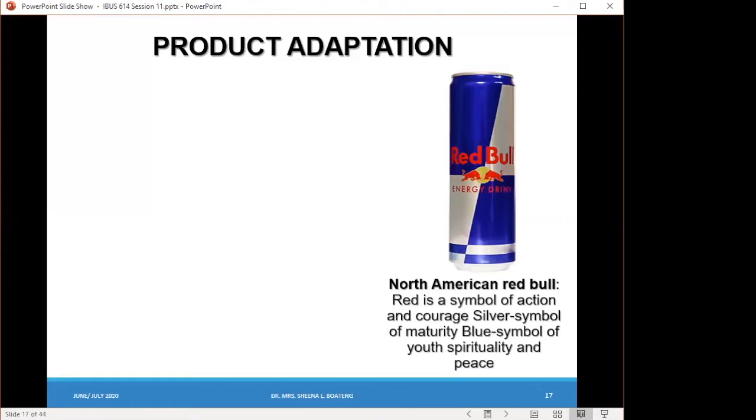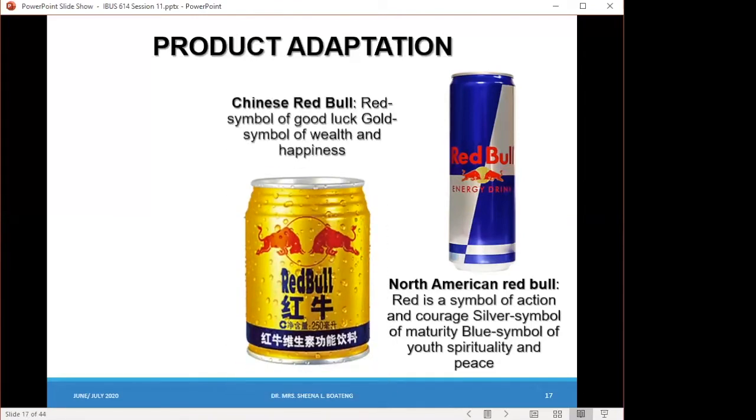However, when Red Bull decided to go into China, they decided to go with this can. They decided to go with the gold, blue, and red design, with an emphasis on the gold and the red, because red in China was a symbol of good luck, and the gold was a symbol of wealth and happiness. So they decided to use these colors to design the Red Bull for the Chinese market instead of using the regular one.